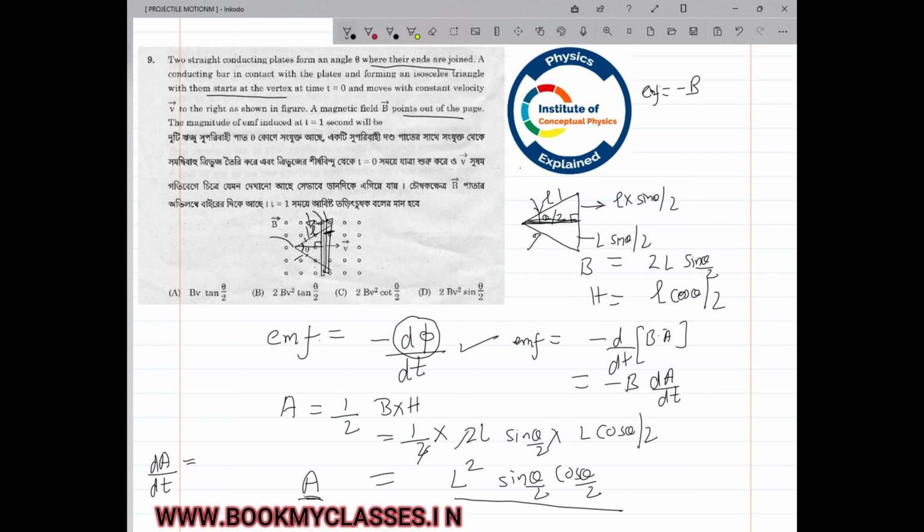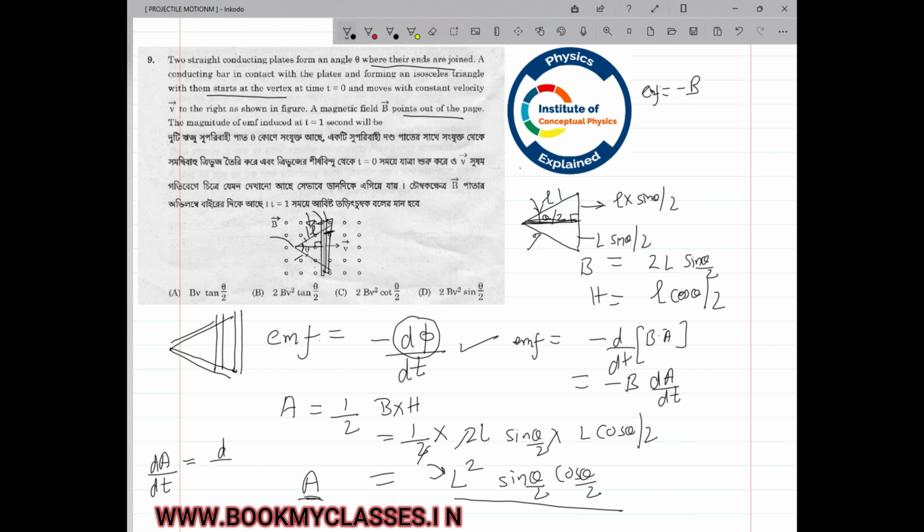Because as this rod progresses, so if you have this diagram, the rod is here, right? So L is this, but if the rod reaches here, then the L changes. So it is the inclined length which is changing, right? So if I were to say why is the area changing, the area is changing because L is changing, right?